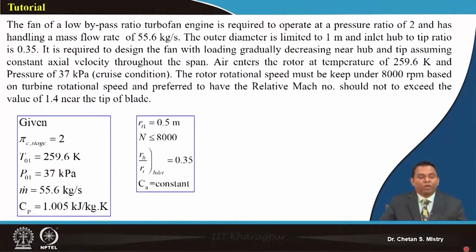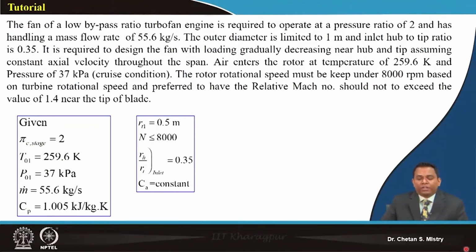So what we have learned from that, let's try to take one numerical. It says: the fan of a low bypass ratio turbofan engine is required to operate at a pressure ratio of 2 and has a mass handling capacity of 55.6 kg per second.